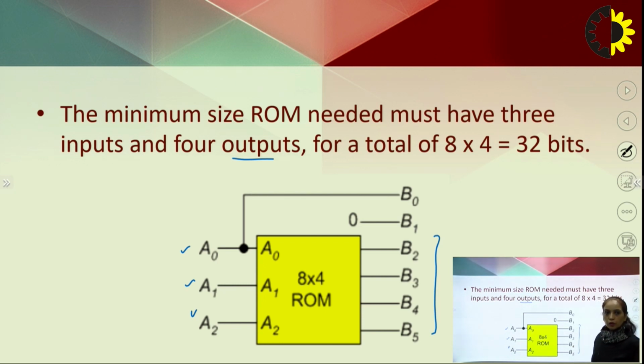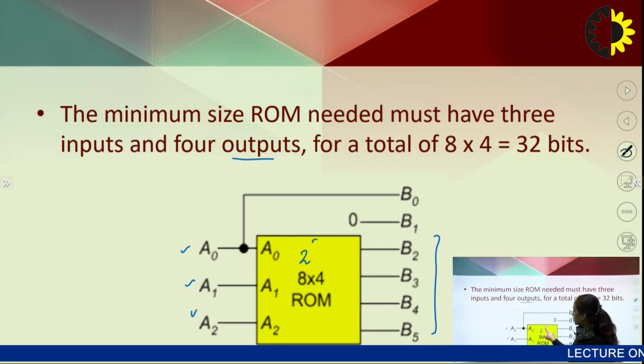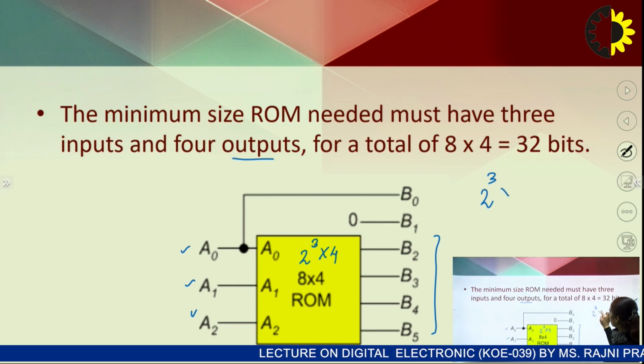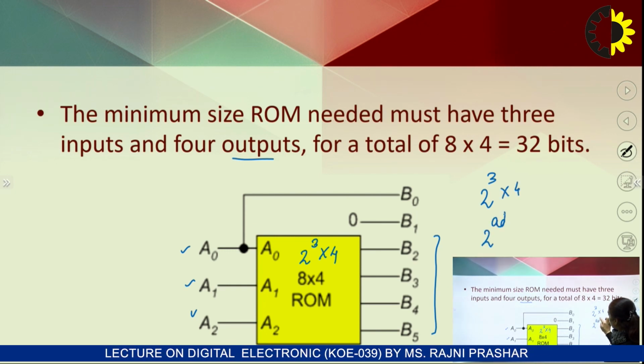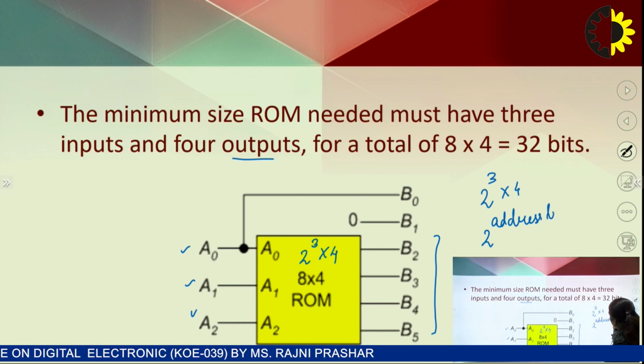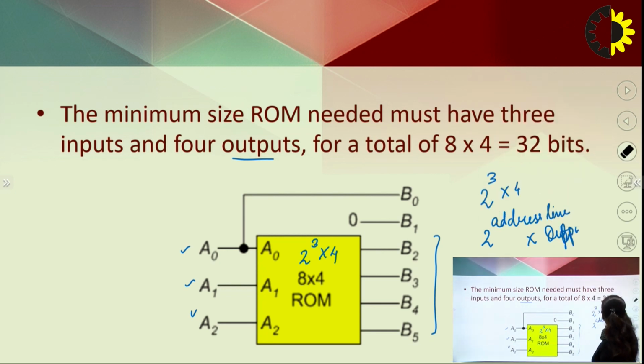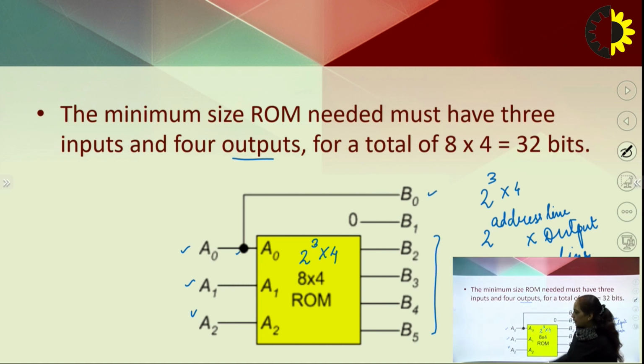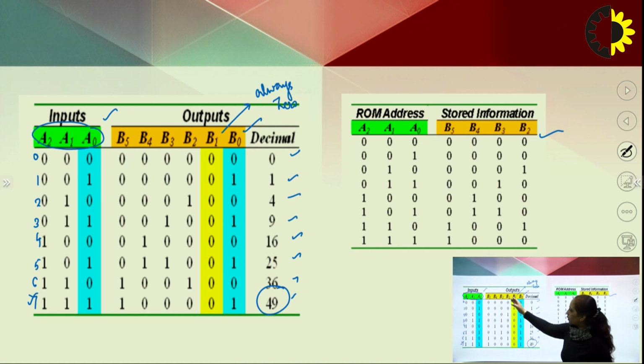Okay, so an 8 cross 4 ROM structure we are going to use, that is 2 raised to the power address lines into output lines, 2 raised to the power 3 into 4, right?